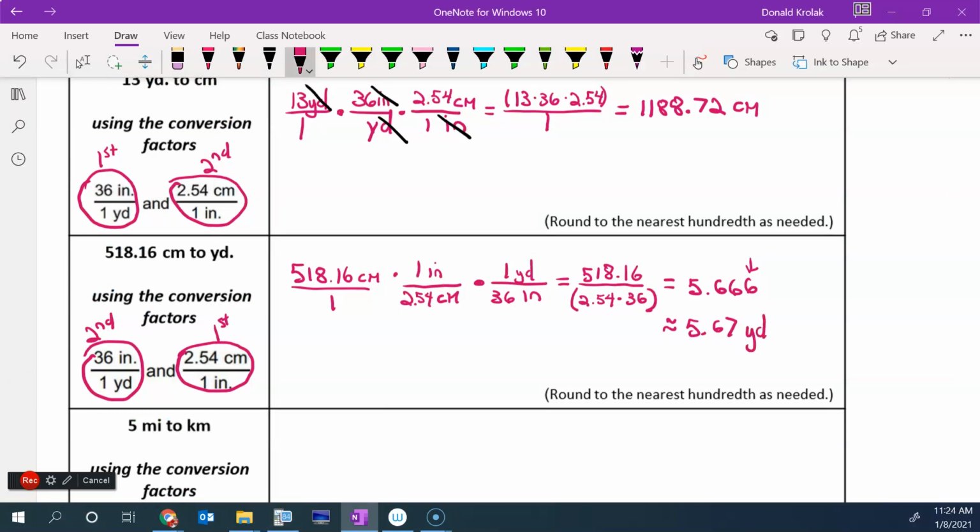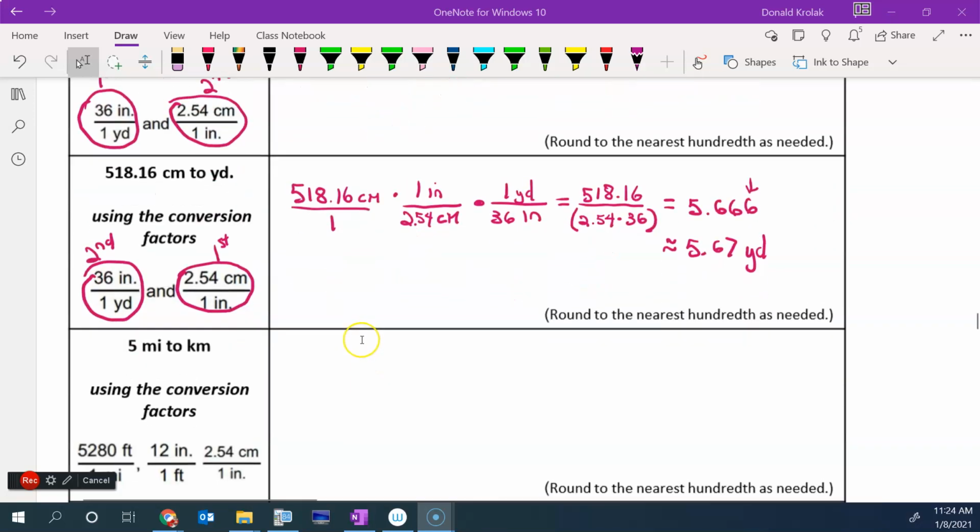Yards. Okay. So once you get a handle of it, unit analysis, pretty straightforward.